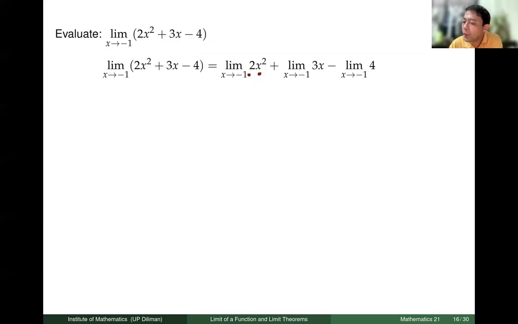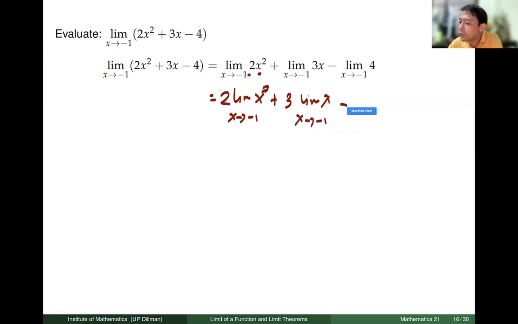So, pwede nating ilabas si 2. So, magiging 2 times the limit of x squared as x approaches negative 1. Here we can put out 3, the limit of x as x approaches negative 1.